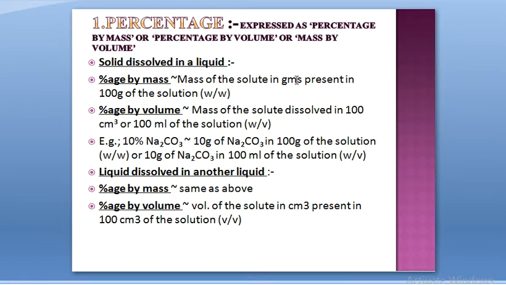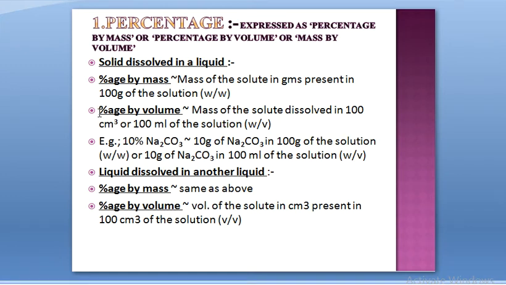Whichever the physical state of that solute, you will express its mass in grams, present in 100 gram of the solution, right? We are not speaking of the solvent here. Percentage में हम पूरा solution ले लेते हैं. Mass of the solute in grams in 100 gram of the solution. W by W. We have taken both of them, solute as well as solvent, in terms of grams. That is why it is percentage by mass.